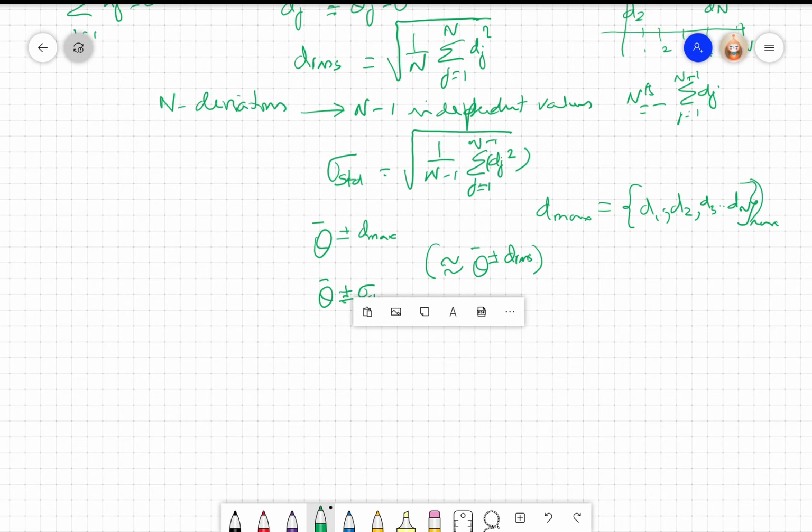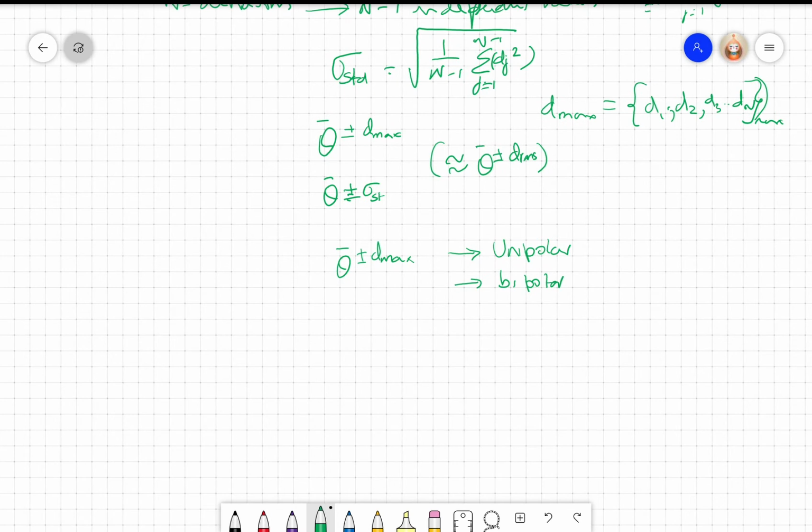But when it comes to the maximum deviation, there are two possible scenarios. When I put it like this, we can have a maximum deviation as unipolar or bipolar. Let's see what is unipolar. Unipolar means that one side is not permitted. Let me say plus 0 minus d max.